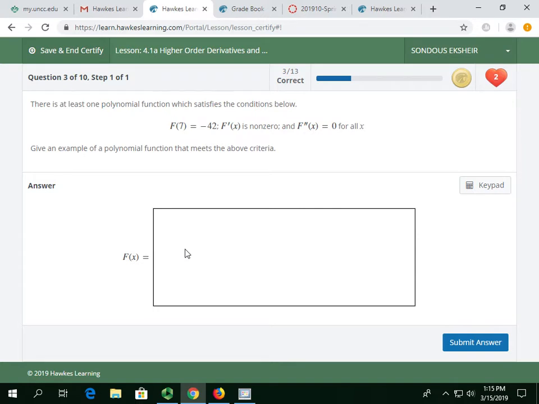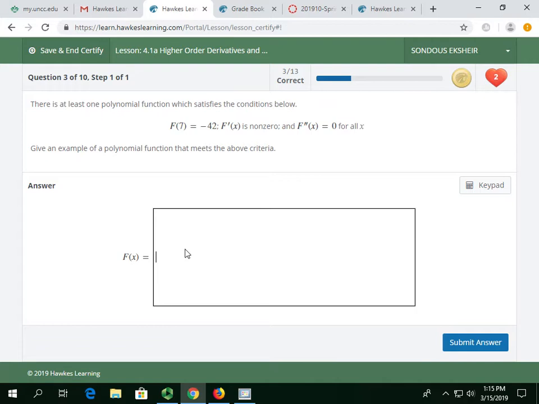F prime of x is non-zero. And F double prime of x is equal to 0 for all x. And we have to come up with an example of this function.